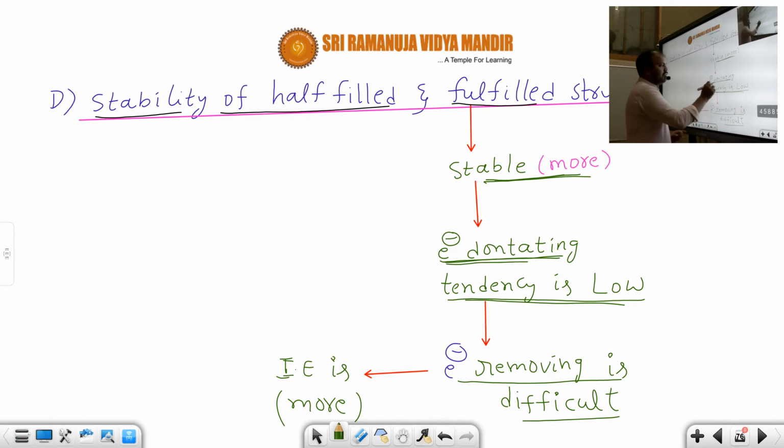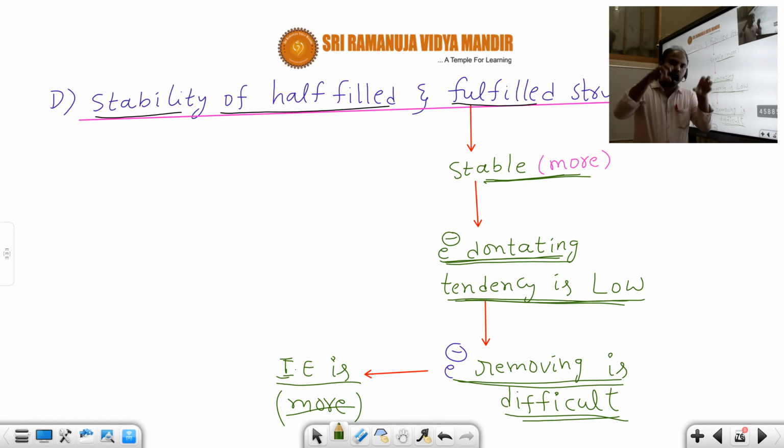That's why the electron donating tendency is low, which means electron removing is difficult. When electron removing is difficult, that electron is tightly bound, so ionization energy is more. When the electron is tightly bound, we must supply more energy to remove it. That's why ionization energy is more.